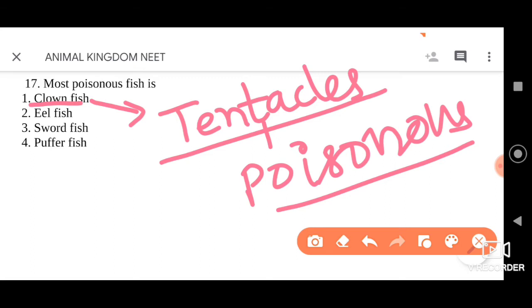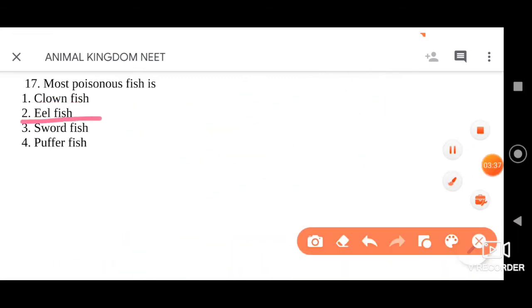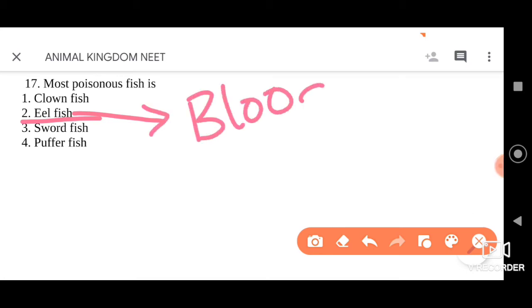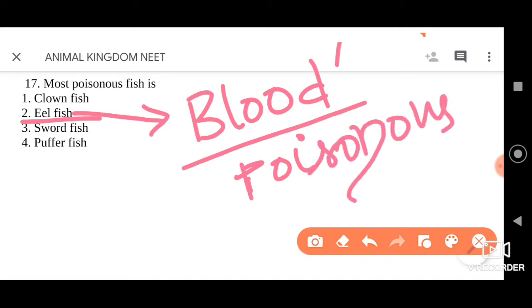Then moving to the eelfish. See, eelfish blood is poisonous. Dear students, because the eelfish blood is poisonous, it discourages many other creatures, either aquatic or others, which try to consume them.